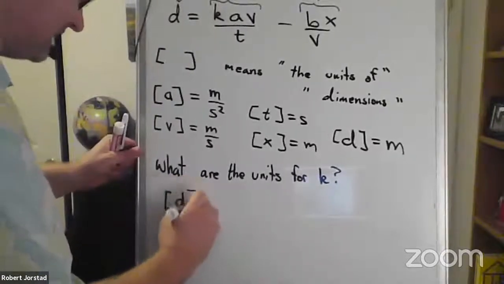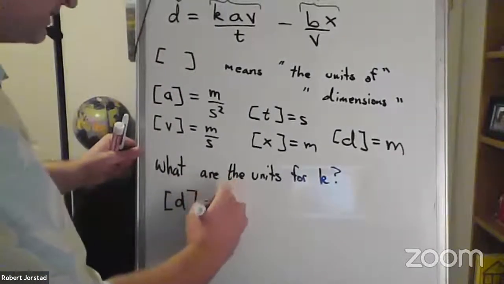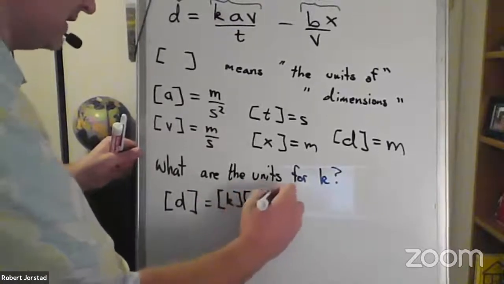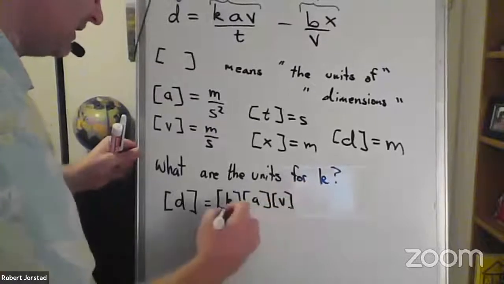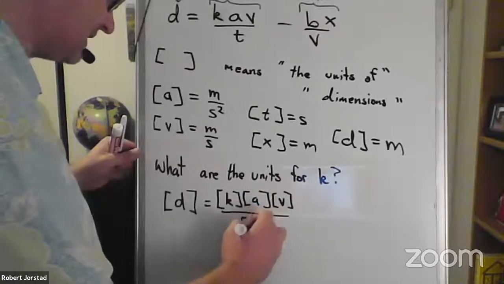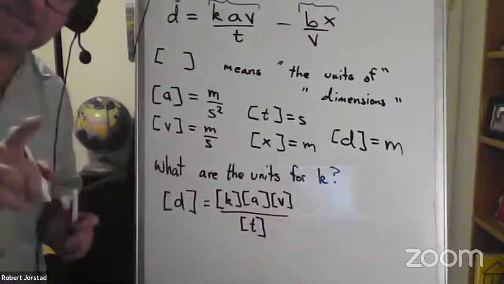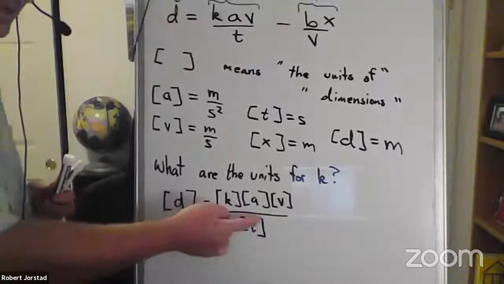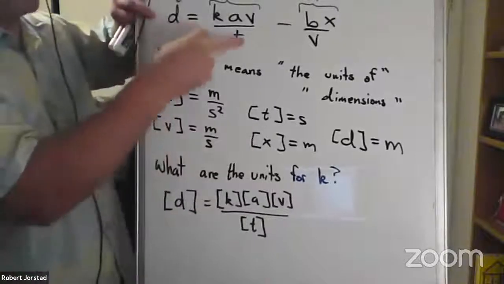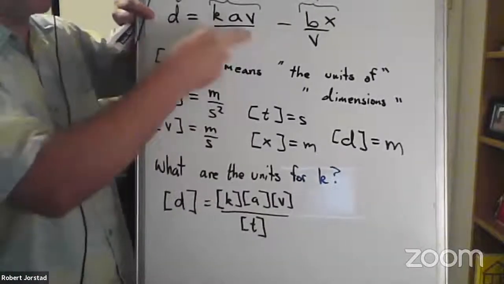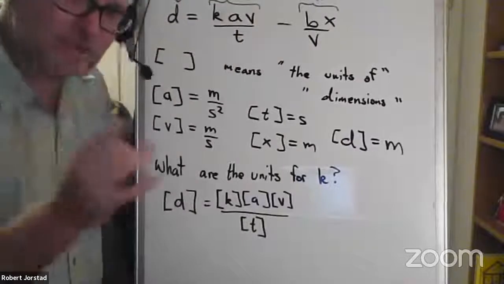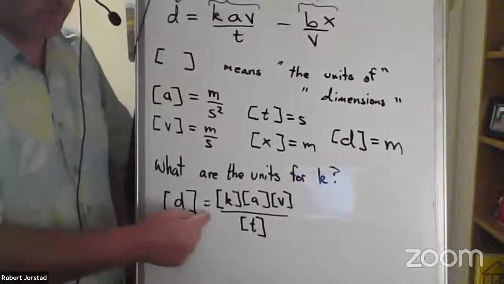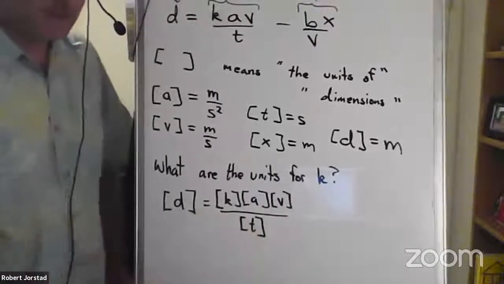The units of D have to equal the units of K times the units of A times the units of V divided by the units of T. Now, to be clear, D does not equal this. D does not equal this. It equals this minus that. But the units of D, that's what this sentence means.